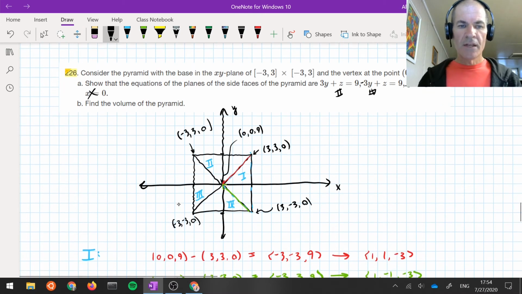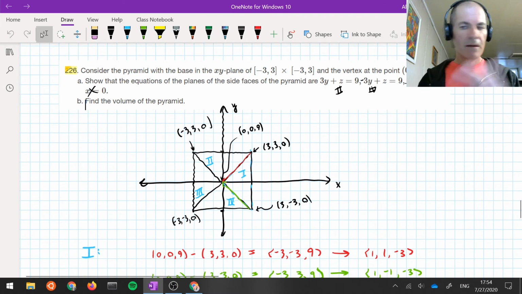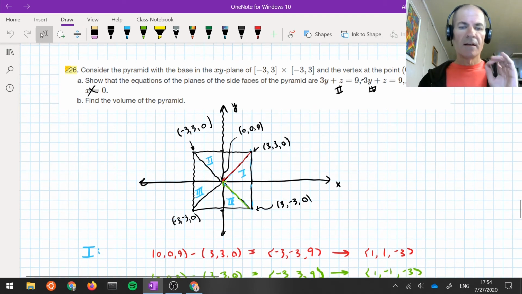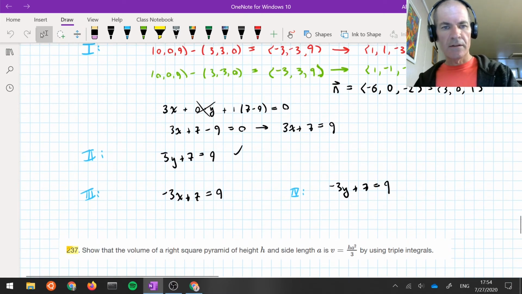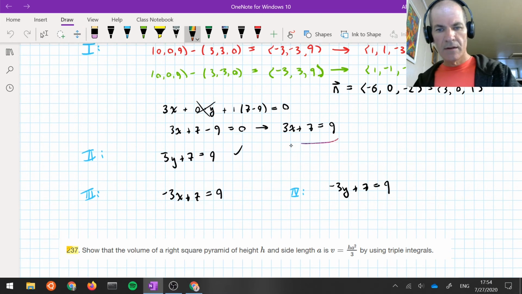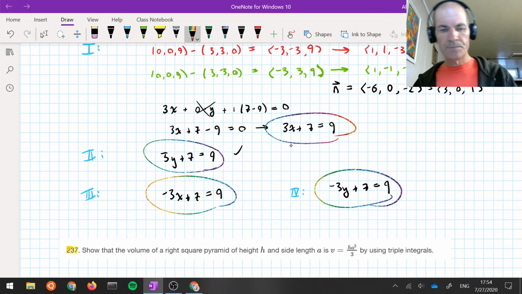So, show that the equations of the planes of the side faces of the pyramid are blah, blah, blah, and blah. That's just wrong. I've reported it. And these four are the correct ones. So this one, this one, this one, and this one.